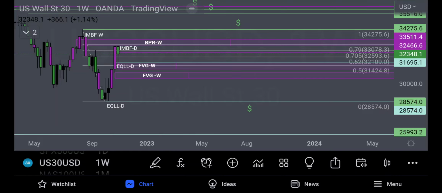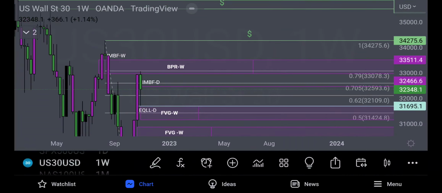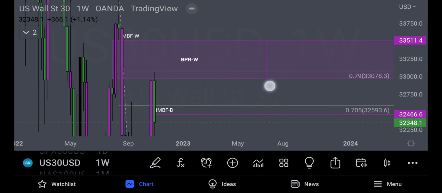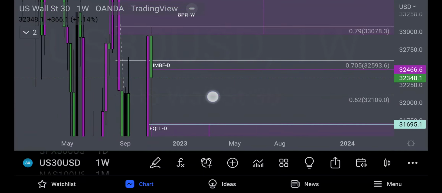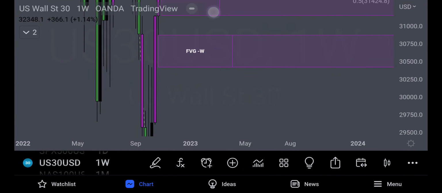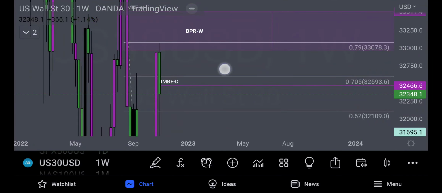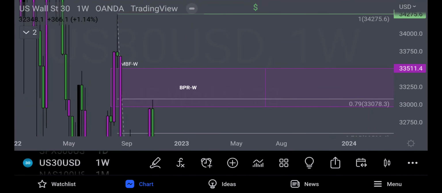All right, so this is what we saw take place this past week, and I called this out in a group that I'm a part of. But anyway, this past week, the market tapped into this balanced price range.